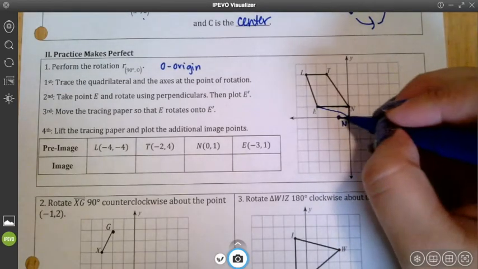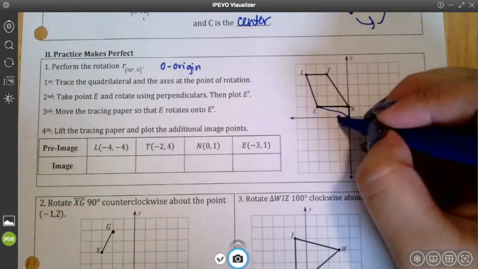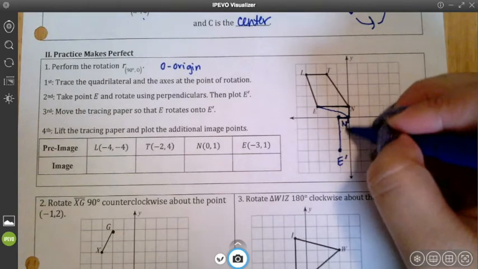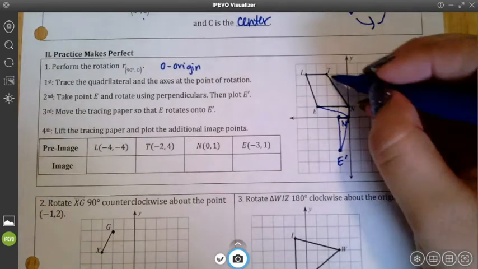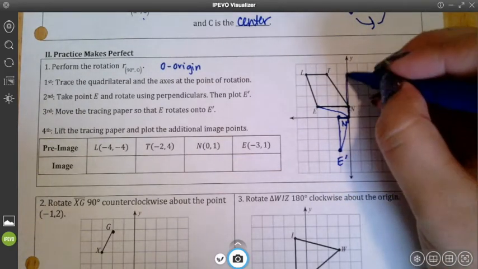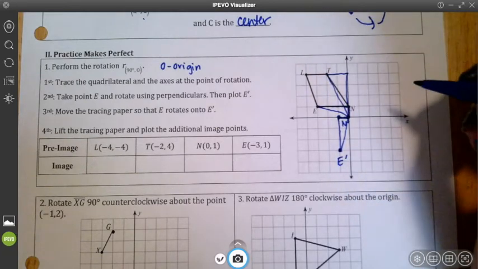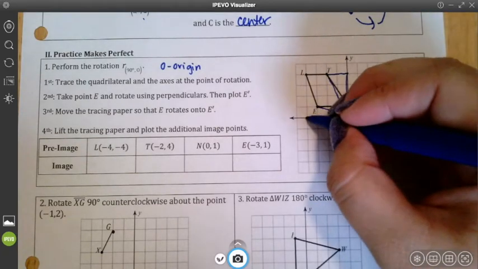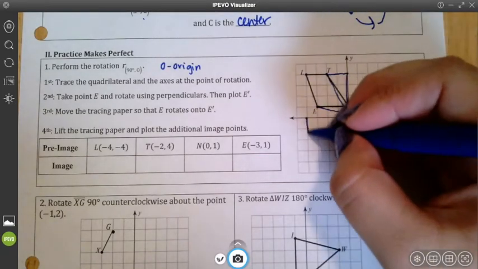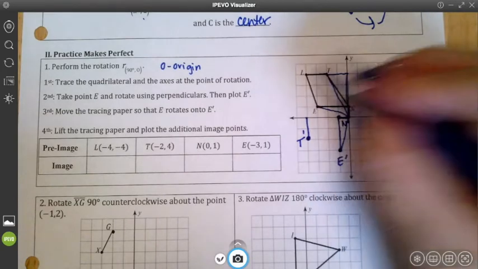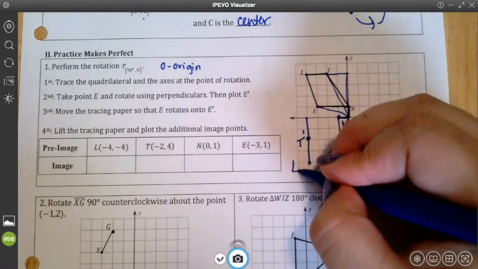Here's my new triangle. 3 units, 3 units. There is E prime. Point T. Here's my triangle. 4 units along the axis, 2 units in. There is T prime. 2 more units in to get L prime.